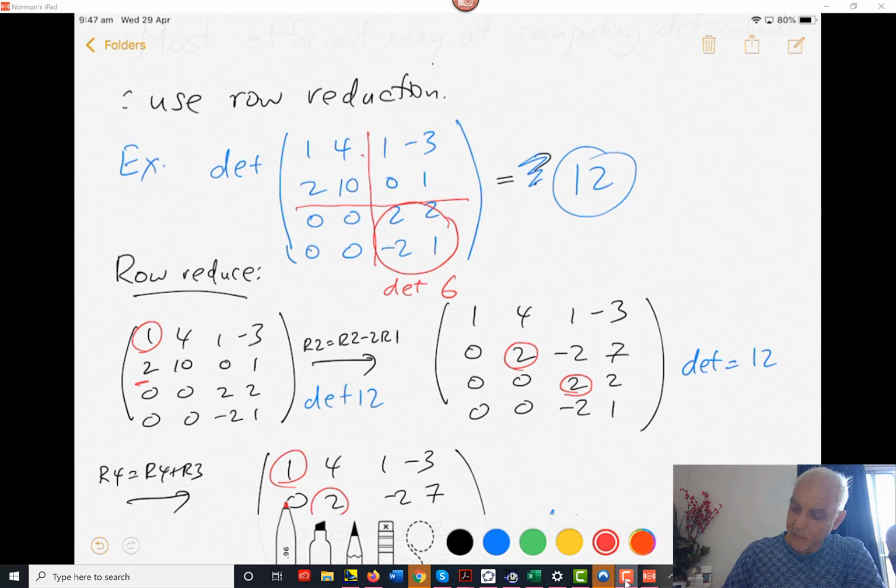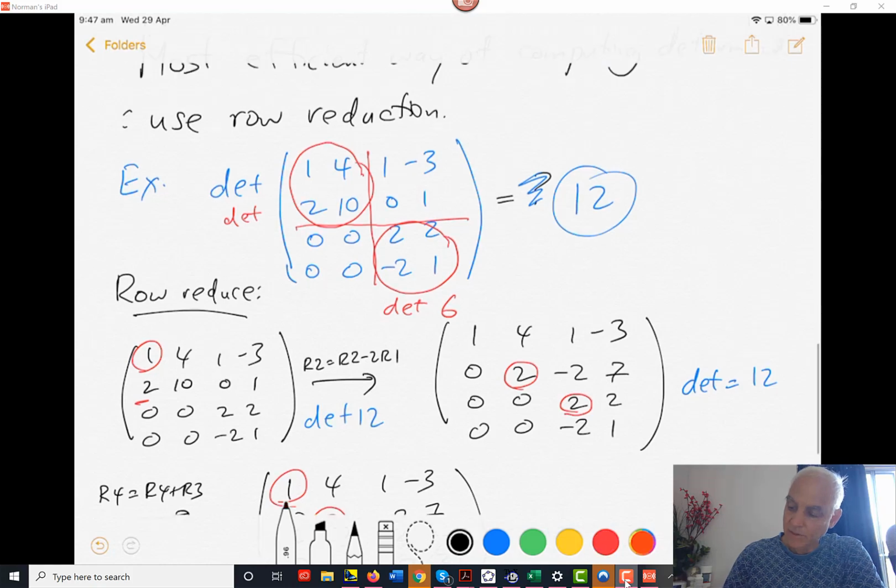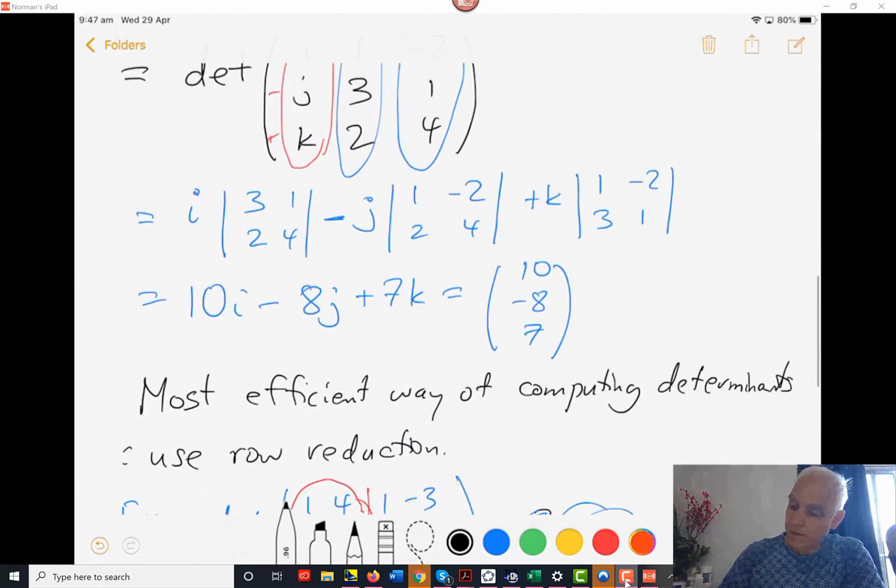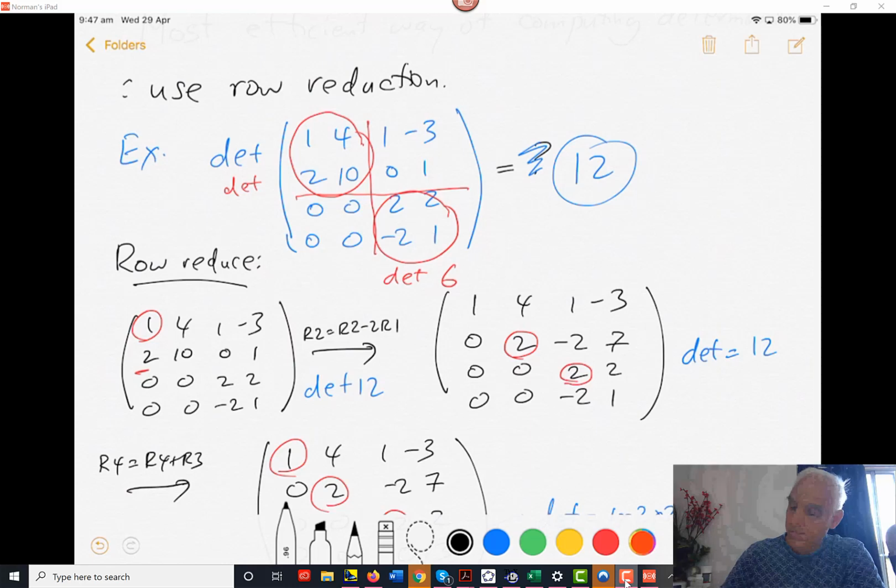And this little 2 by 2 has determinant 10 minus 4 times 2 is 8, so that's 2. Okay, determinant is equal to 2, and happily the product of these determinants is equal to 12.